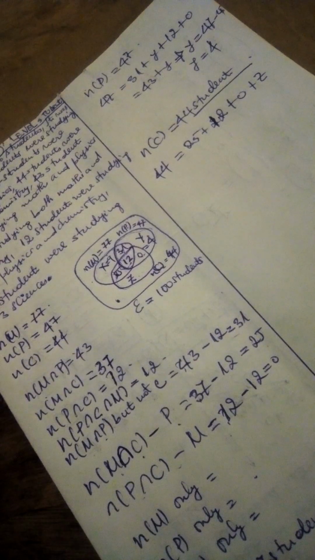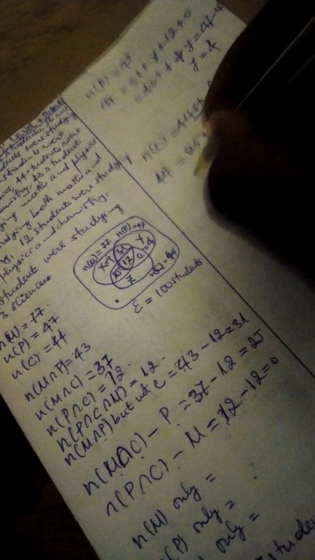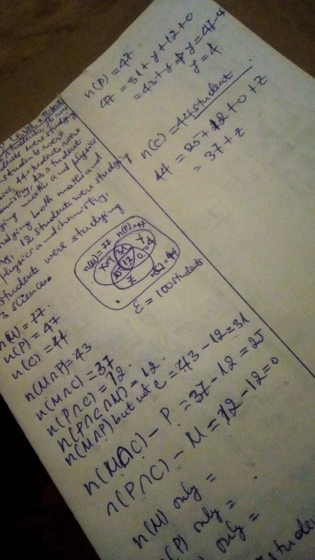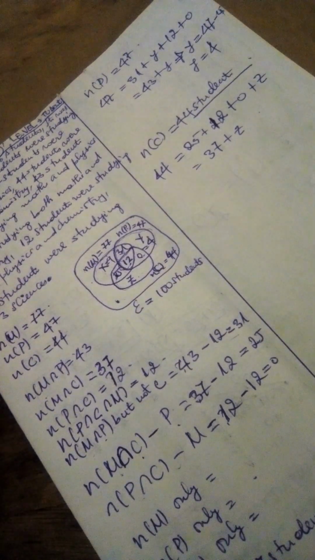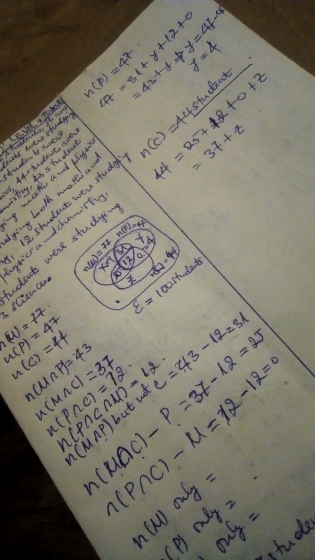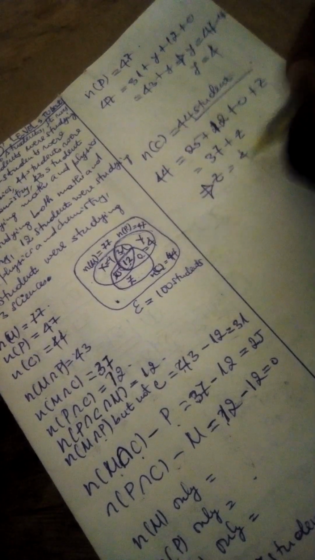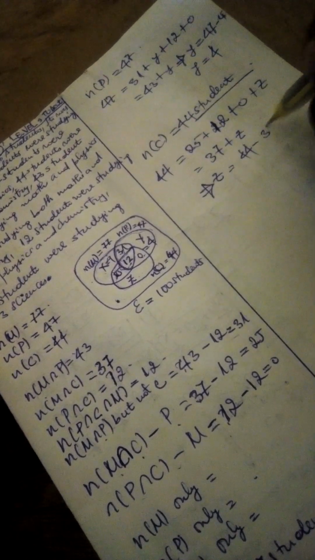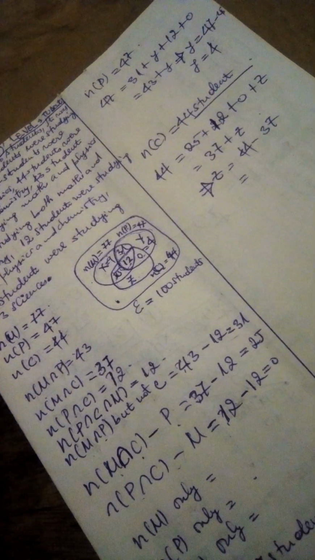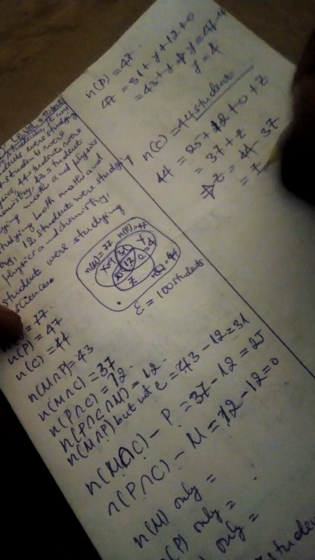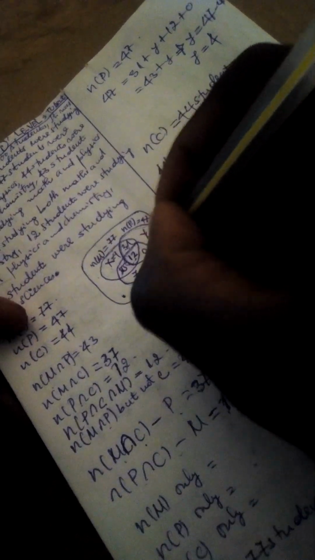So 25 plus 12 equals 37, then plus z. Take negative 37 on both sides and you will get z equal to 44 minus 37, which is equal to 7. So z equals 7.